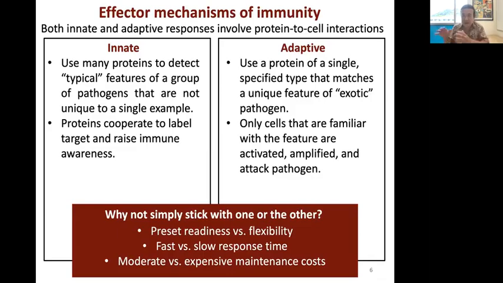On the other hand, the adaptive side gives you flexibility for dealing with something brand new. The downside is it's a slower response time. And also the downside is it's very expensive to be able to run it properly. Okay. So that's why we evolved to have these two sides that work together.